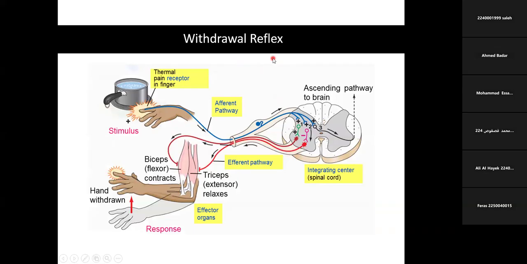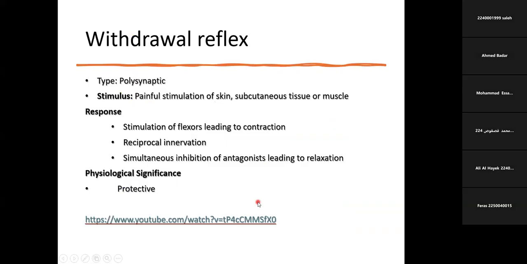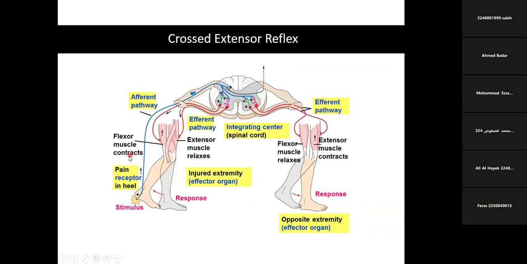This is withdrawal reflex, where we had biceps contract and triceps relax, or flexor contract and extensor relax. Here, we have got the same reflex, this contracts and this relaxes. But the other limb also, it is opposite. Flexor relaxes and extensor contracts as compared to flexor contract and extensor relax in the other limb.